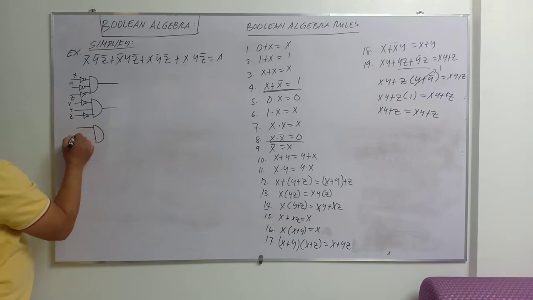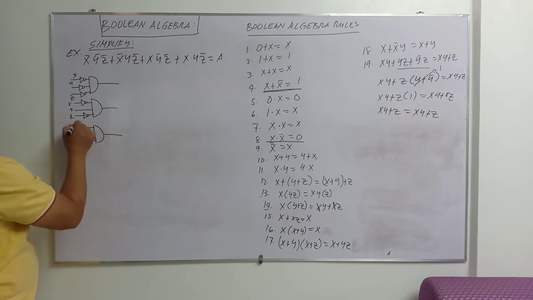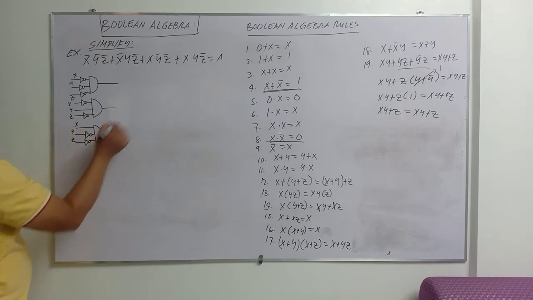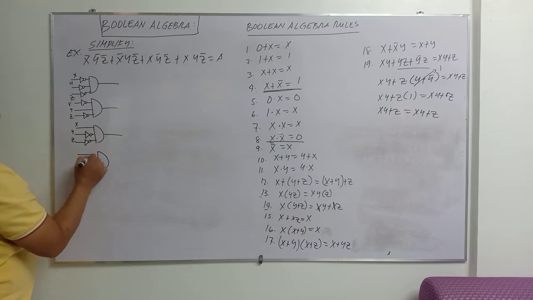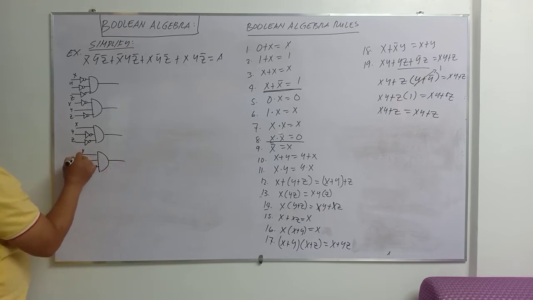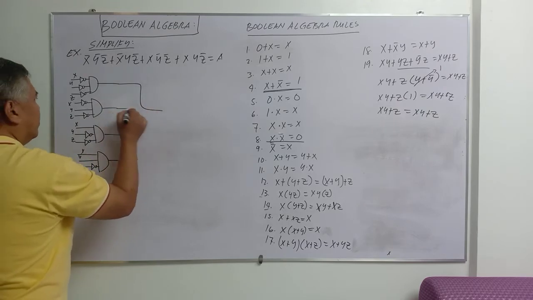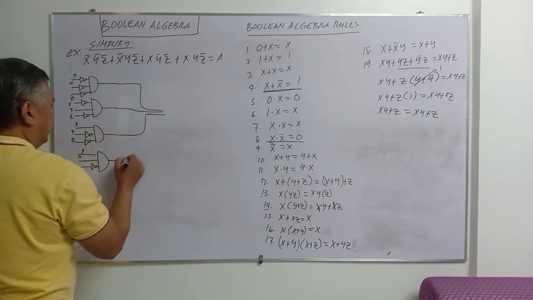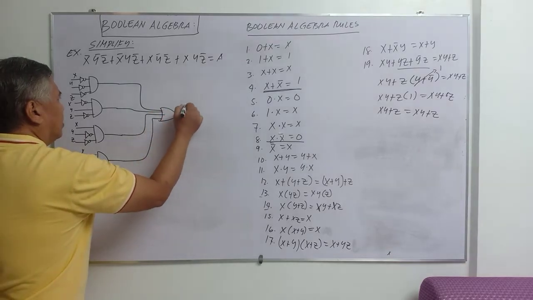Now X, Y bar, Z bar, X, Y, Z. And then the last one, you have X, Y, then Z bar. X, Y, Z. And all of these are ORed together, or added together. That is your A.